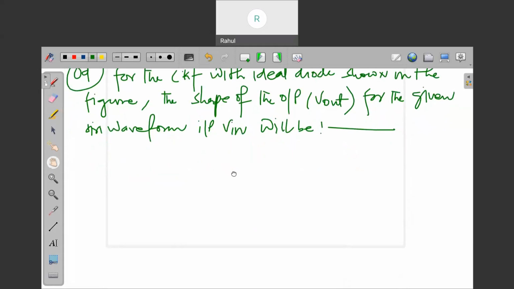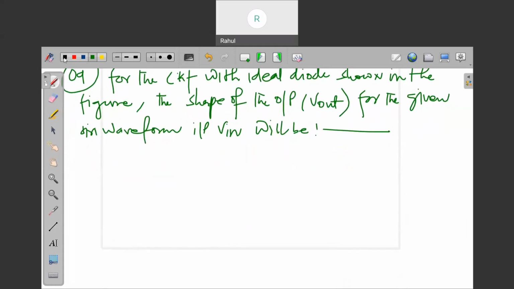So let us draw the circuit first, because we're talking about a circuit. The circuit looks very interesting. There is a cross coupled diode connected here.